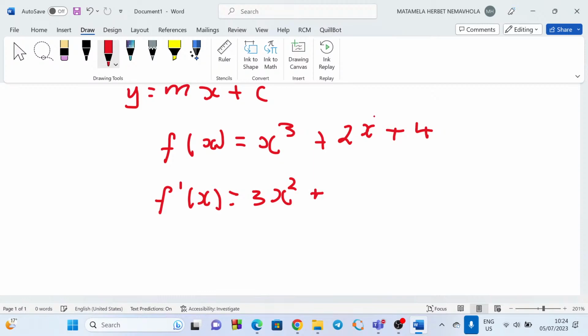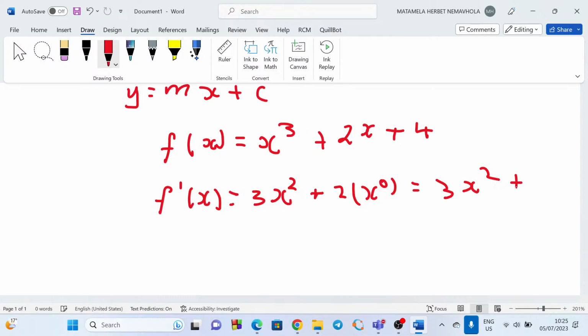Plus this one here, it will go down, 2 times 1, x to the power 0, which is going to be 2. Remember x to the power 0 is 1. So we can just say x to the power 0, just to show you, but I'm not supposed to be writing this now.